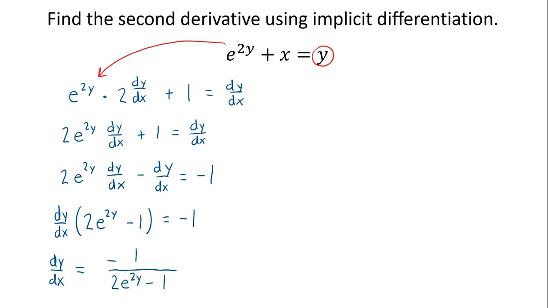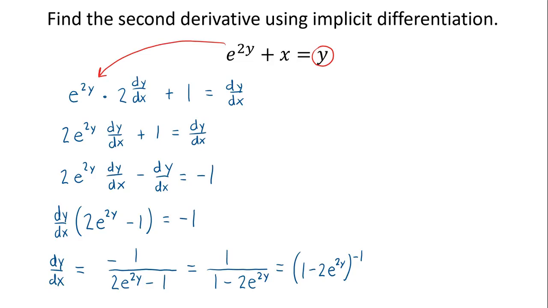Now I'm going to distribute the negative in the numerator of this fraction into the denominator, just to make our lives a little bit simpler. And that gives us 1 over 1 minus 2 times e to the 2y. And I'm going to simplify this one step further so that we don't have to use the quotient rule when finding the second derivative.